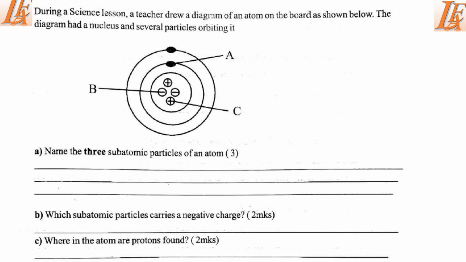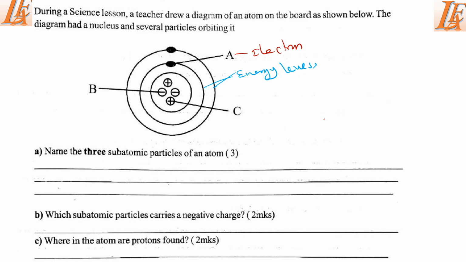Question 19. During a science lesson, a teacher drew a diagram of an atom on the board as shown below. The diagram had a nucleus and several particles orbiting it. Before we look at the questions, let's label these subatomic particles. A is an electron because it's found in the energy levels.